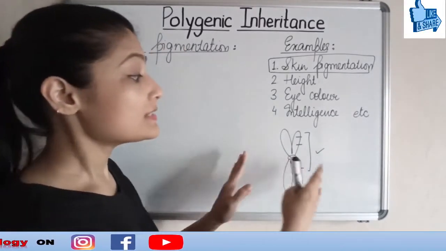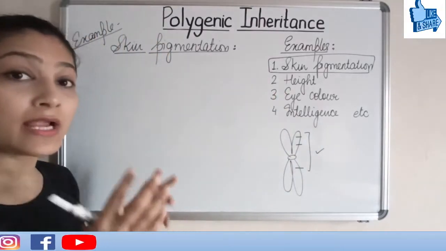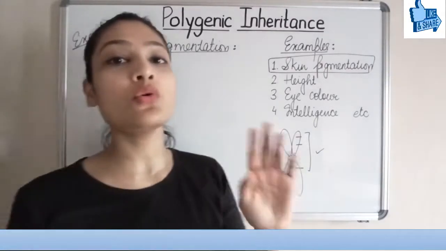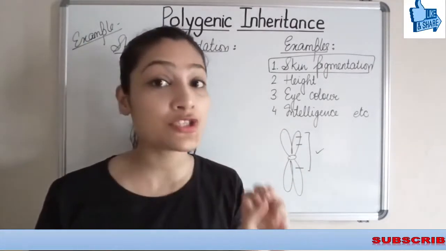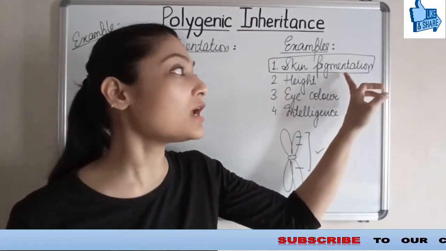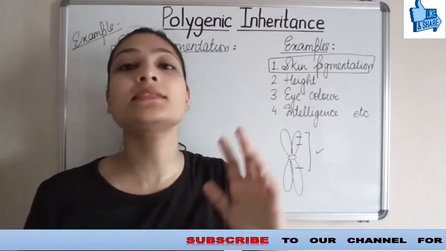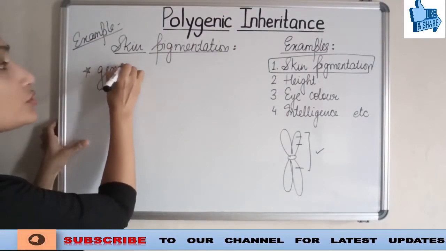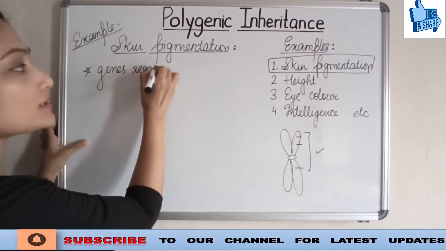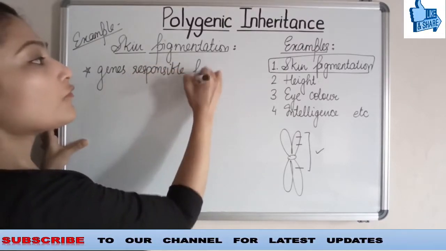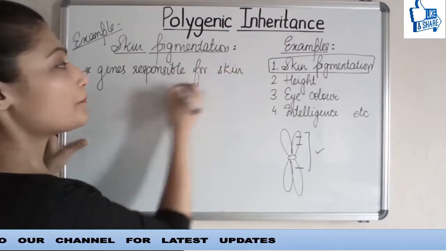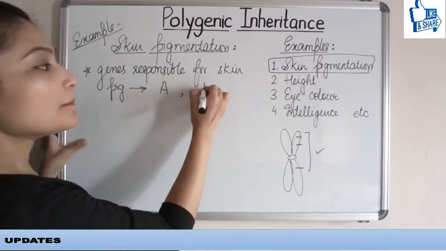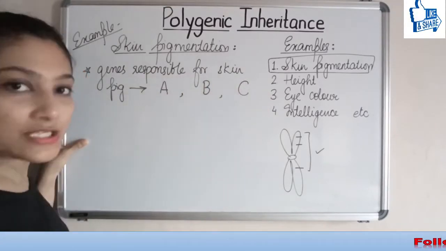Second thing, what are the genes that we are going to talk about here? There are going to be 3 genes which are responsible for our skin pigmentation. Let's see what these are. The genes responsible for skin pigmentation are your A gene, B gene and C gene.